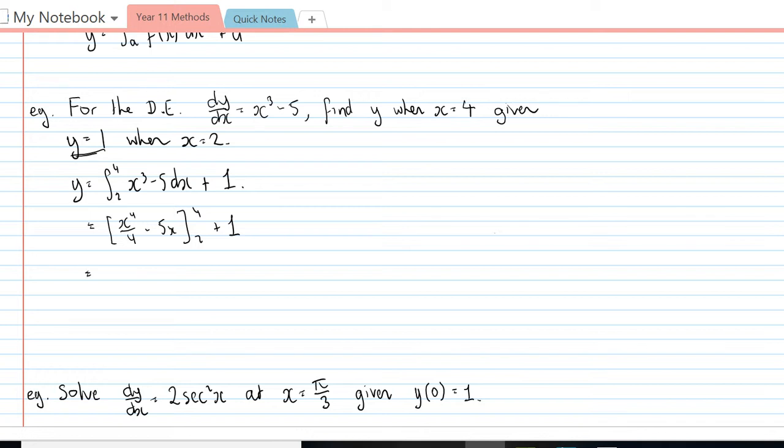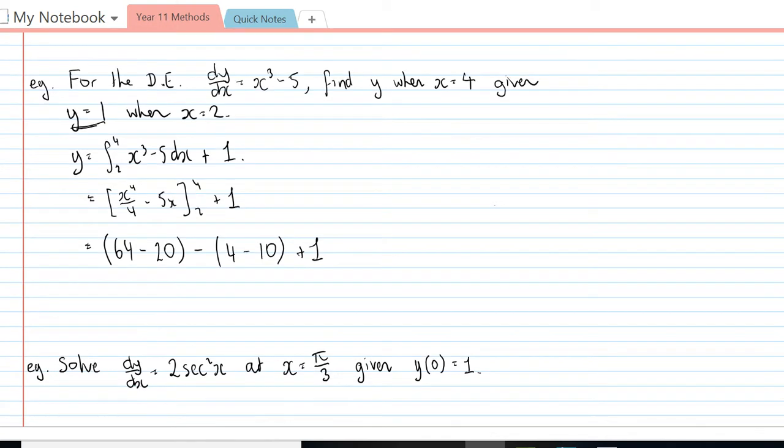So 4 to the power of 4 should be 256. Dividing that by 4, we get 64, minus 5 fours. Then take away subbing the 2 in, so we get 16 on 4, which is just 4, minus 5 twos. And then still carrying that plus 1 through on the end of the equation.